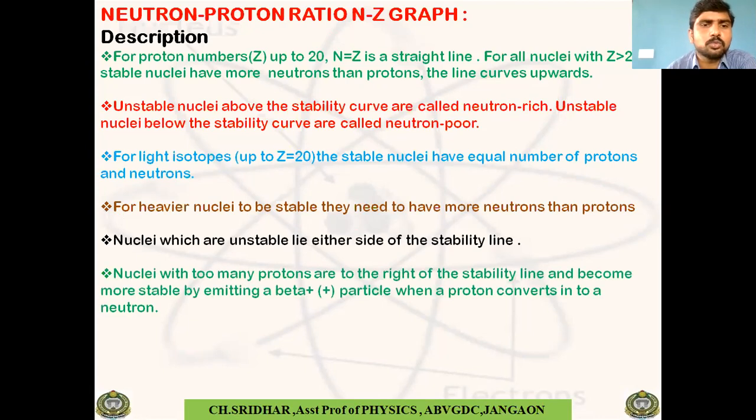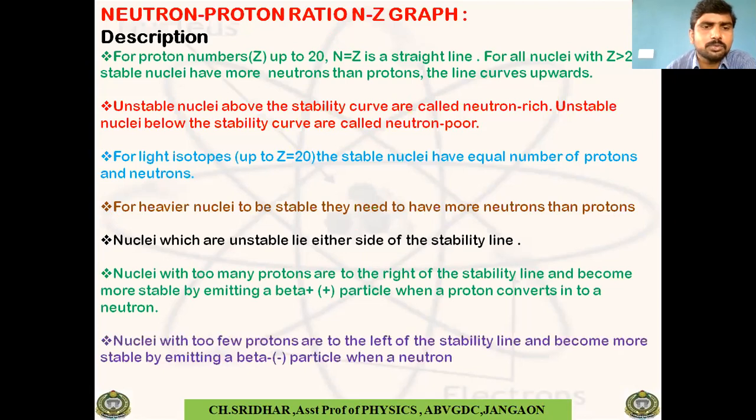The nuclei with too many protons are to the right of the stability line and become more stable by emitting beta plus particles when a proton converts into a neutron. And nuclei with too few protons are to the left of the stability line and become more stable by emitting beta minus particles when a neutron converts into a proton.